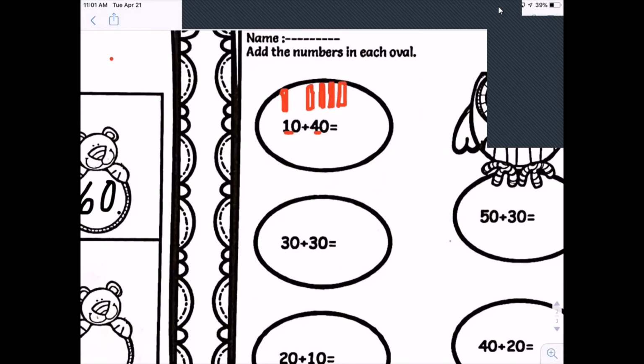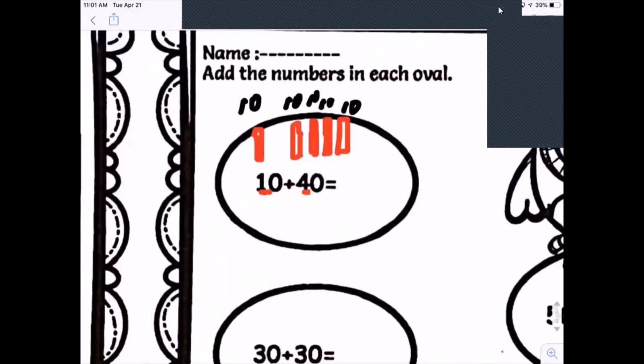Now you're going to be counting by tens. That's one group, another group. Okay. So we count by tens. 10, 20, 30, 40, 50. So how many all together? 50. So you have to draw your groups of 10 on the top of each of them. Okay, draw your groups of 10. If you need to draw your drawing, that will help you understand the problem.